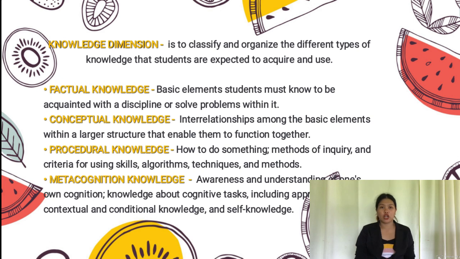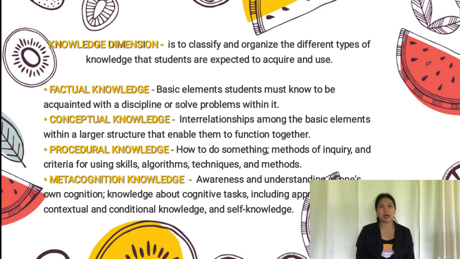There are four categories only. The first one is the factual knowledge. Factual knowledge is the basic elements students must know to be acquainted with a discipline or solve problems within it.